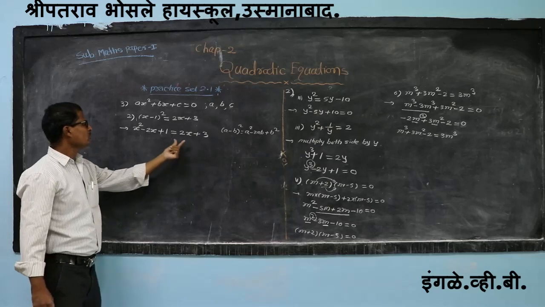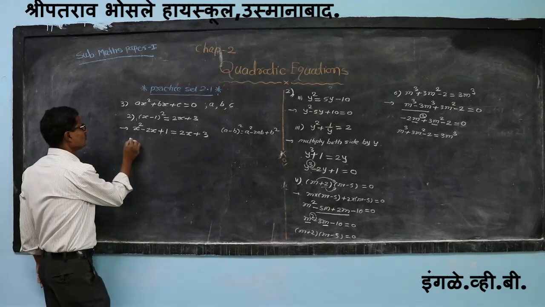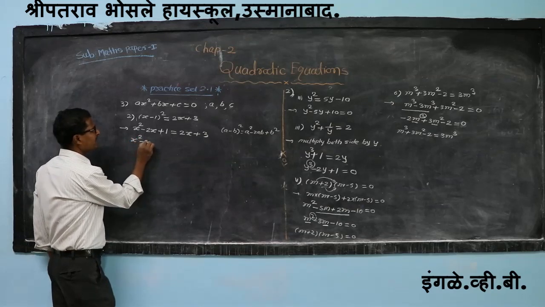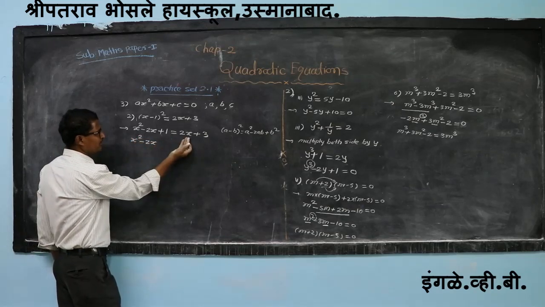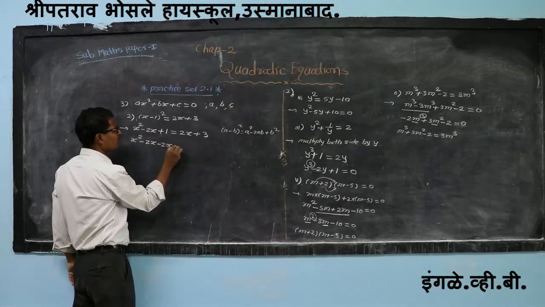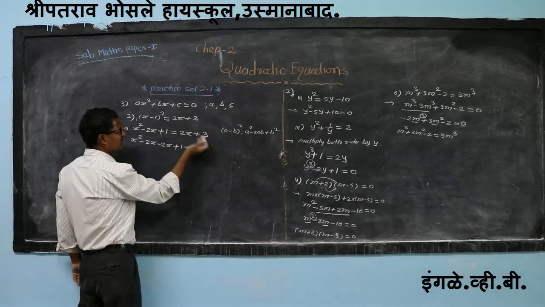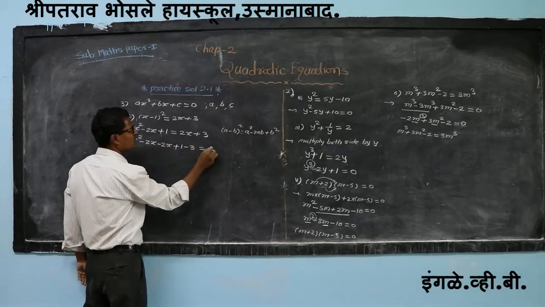Now we have to take 2x and plus 3 to the left hand side. So x square minus 2x, this plus 2x becomes minus 2x, plus 1 minus 3, plus 3 becomes minus 3, is equal to 0.